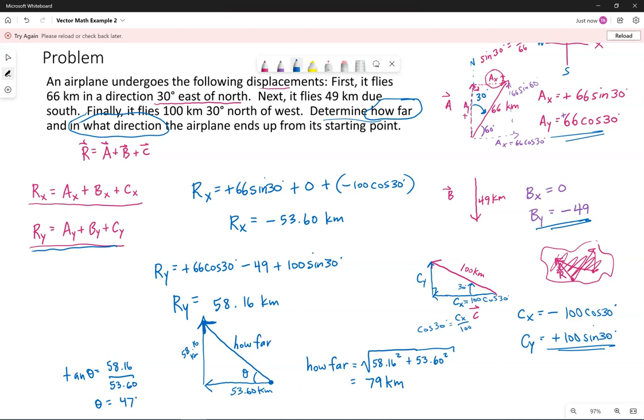What we would want to say, we could either go all the way from positive x over, but with the wording of the problem, east of north or north of west, it would definitely make sense to say 47 degrees north of west. Meaning, if we draw in west, which is to the left, and go north by 47 degrees, that is the direction the plane would need to fly in. So this is our answer right here.